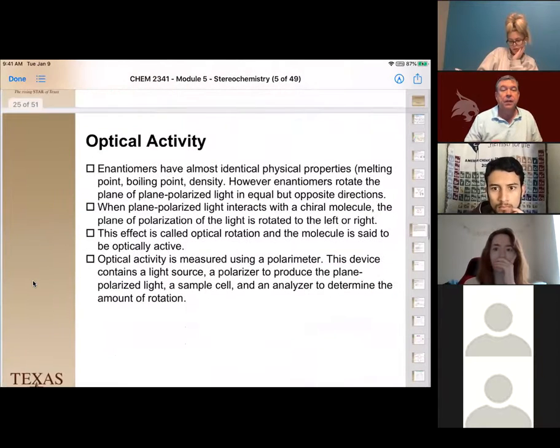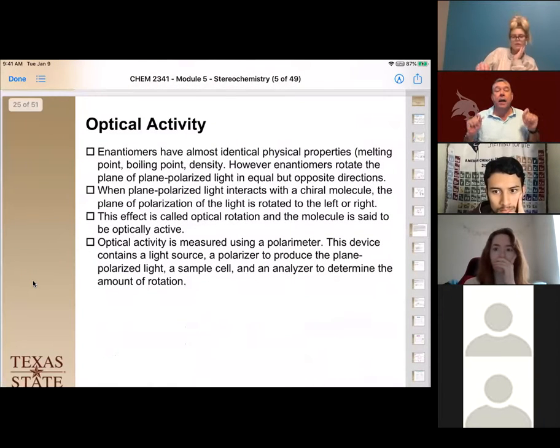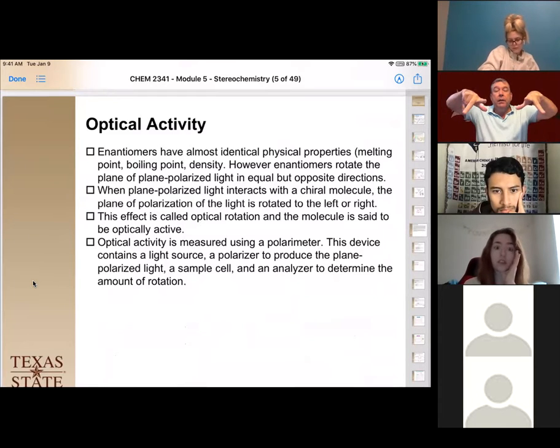Okay, so now we know that a chiral compound is something with 4 different things bonded to it, and we know that we have 2 different possible copies of it, because when we make the mirror image, they are non-superimposable, and therefore they are different compounds in spatial arrangement. Everything else is identical.